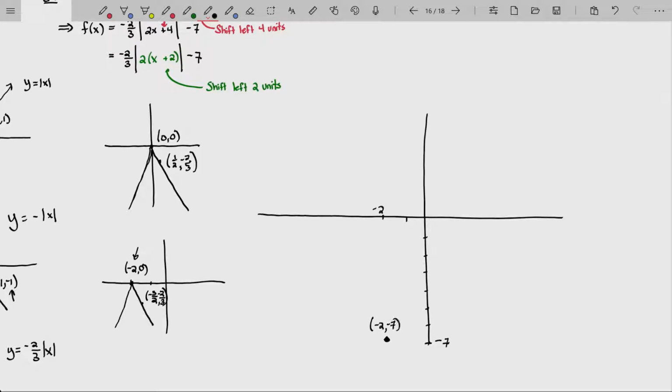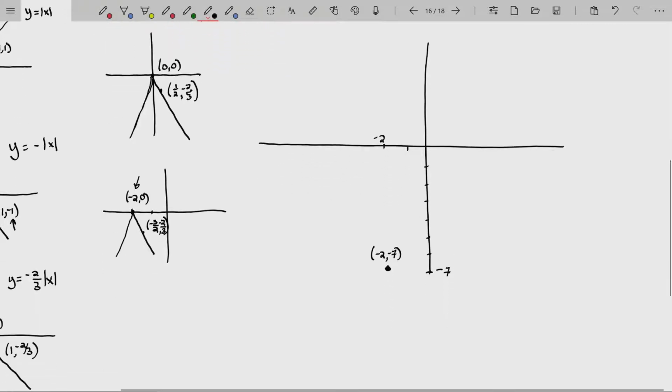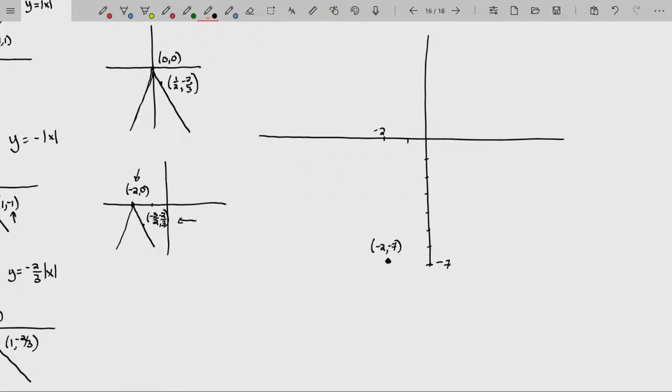You have to label these points. It's very critical. And you have to label that other anchor point, which is at -3/2, somewhere right around here. This is, I say right here, right about there. That's the x value of -3/2. And the y value, well, it was at -2/3, and you're going to lose 7, which is losing 21/3.